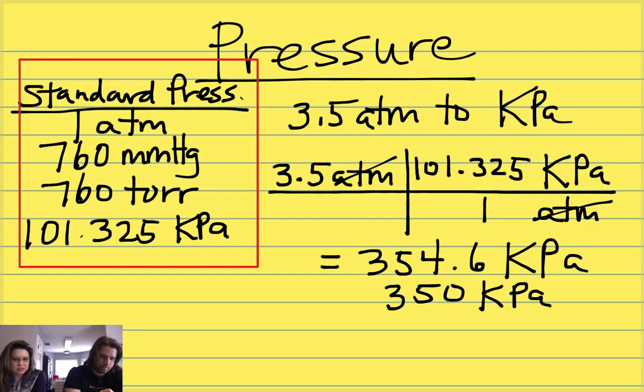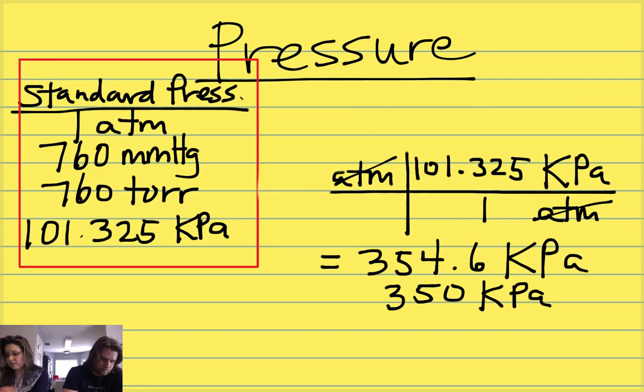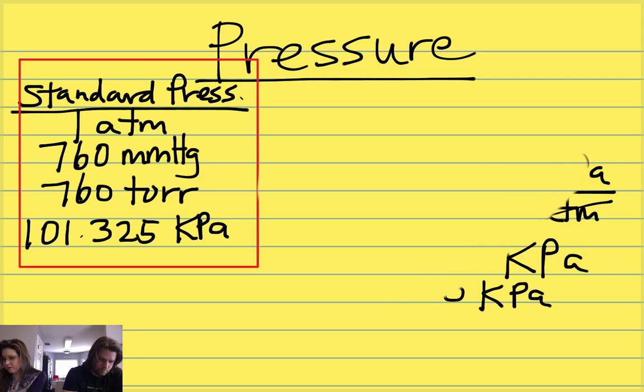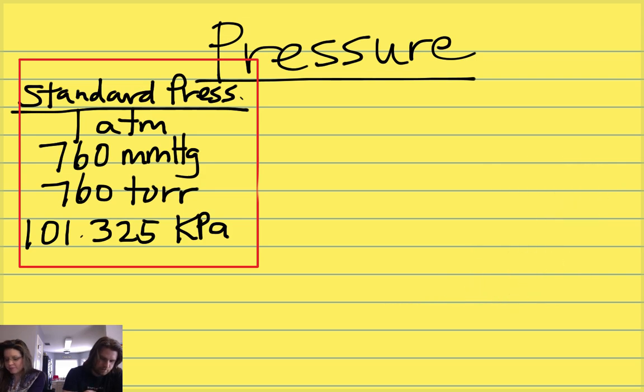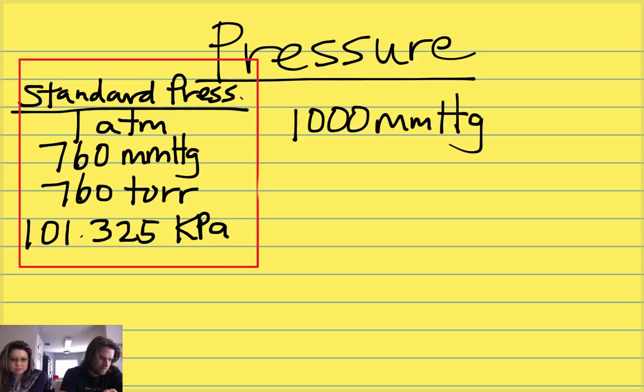Let's do another one real quick. Let me erase this one. Let's do 1,000 millimeters of mercury to start this time. And you pick what we're going to convert it to. Ooh, fun, I get to pick. Okay, 1,000 millimeters of mercury, and we're going to convert this to atmospheres.